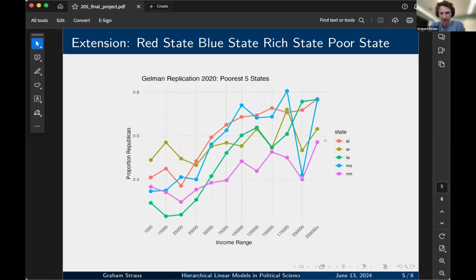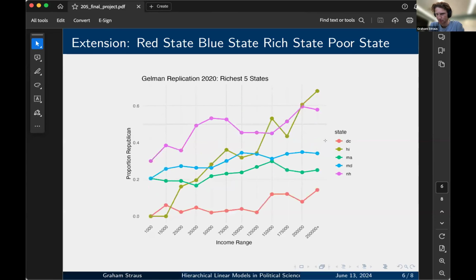So this is slightly different in that it's not vote choice, it's party registration, but you kind of see the pattern that Gelman identifies, where for the poorer states, maybe they're a little steeper on average. This isn't the actual model fit, just the bin data display.